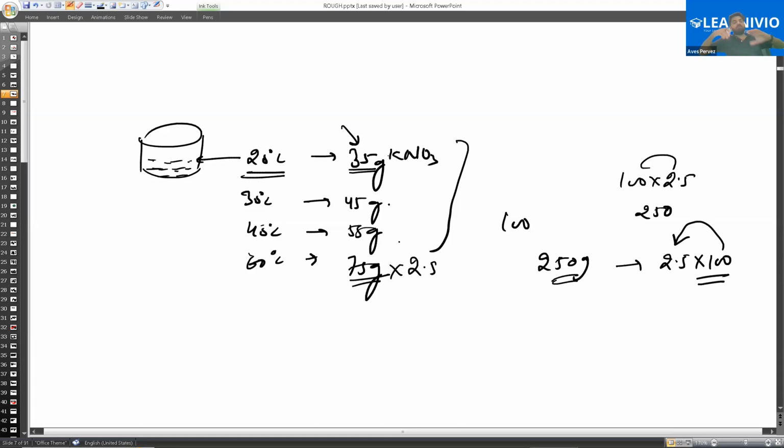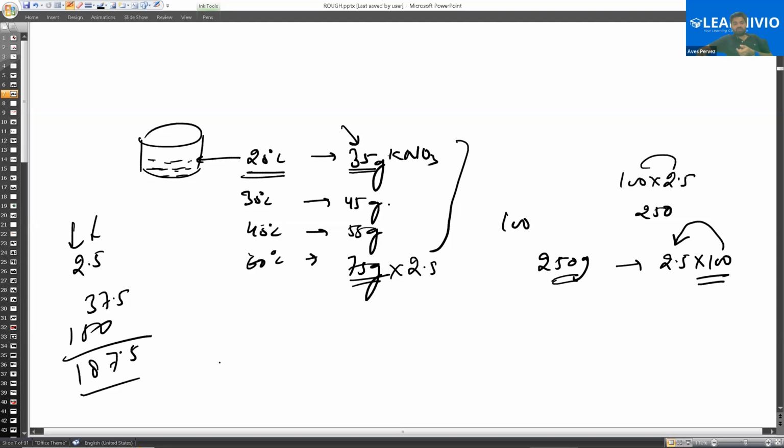So in 200 gram, you add double of this, 75 plus 75, you get 150. Then in another half kg, you can add half of this 75. Half of 75 is 37.5. So 150 for 200 and 37.5 for the next half kg. So you will get 187.5. Understood? Yes or no? Yes. Next.